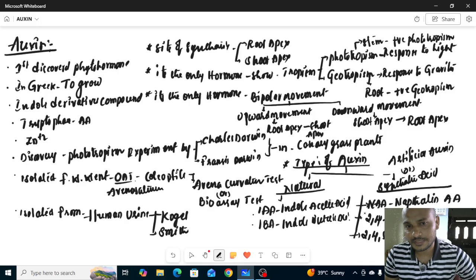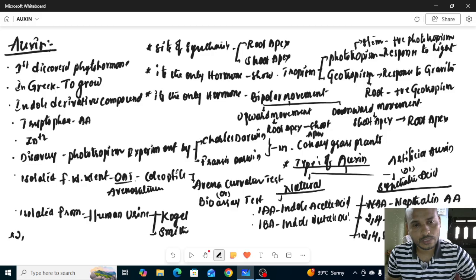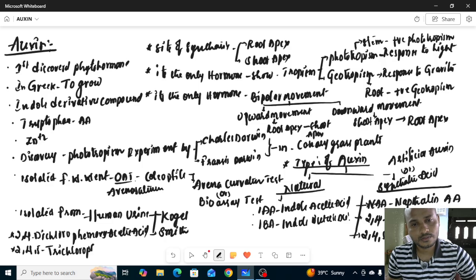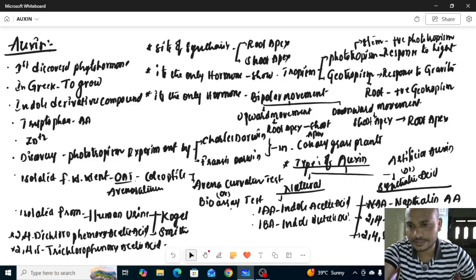Here 2,4-D means 2,4-dichlorophenoxy acetic acid, and 2,4,5-T means 2,4,5-trichlorophenoxy acetic acid. So these are the types of auxins.